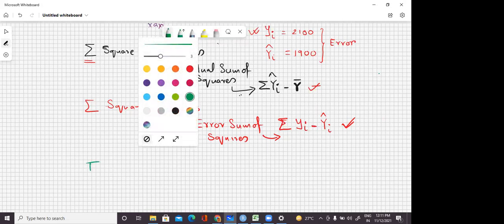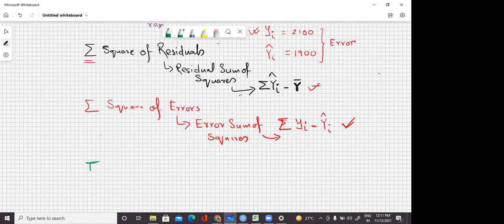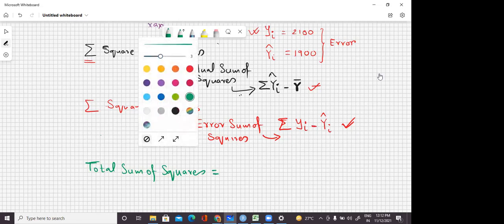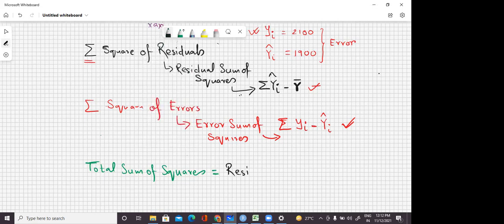So if we add the two sums of squares, what we get is the total sum of squares, equal to the residual sum of squares plus the error sum of squares.